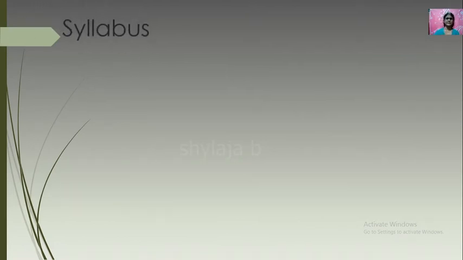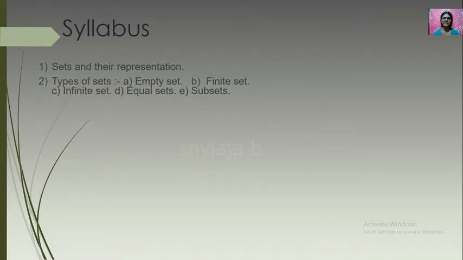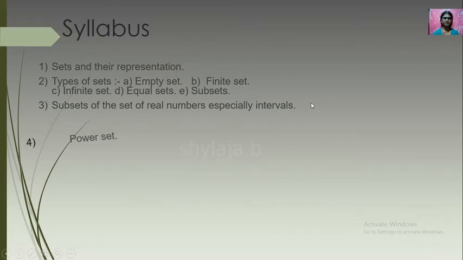The syllabus is like this. First one is sets and their representation. Second is types of sets. In the types of sets, empty set, finite set, infinite set, equal sets, and subsets are separated from this. Third one is subsets of the set of real numbers, especially intervals. Fourth one, power set.